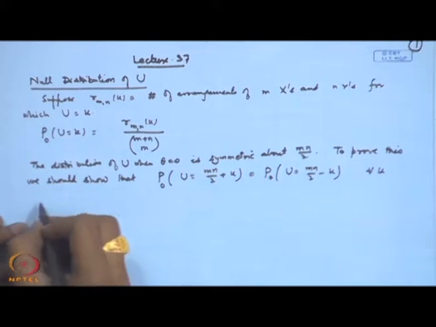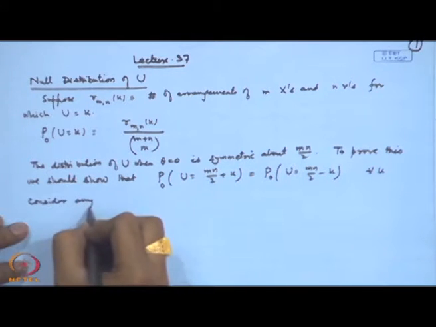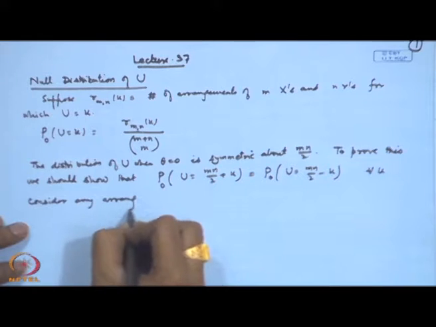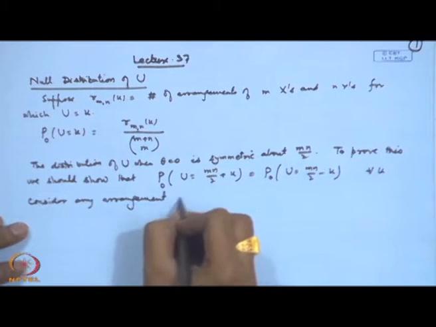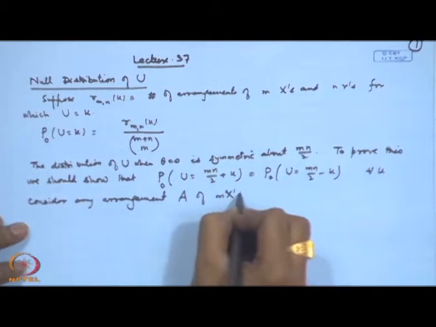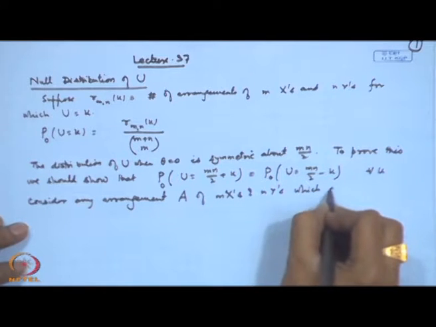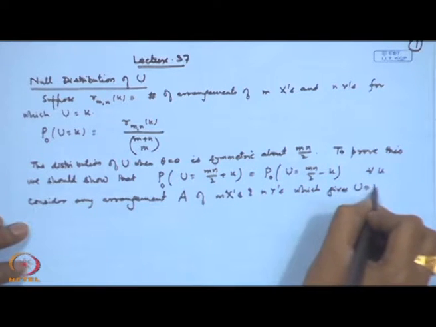Now, consider any arrangement, and I name it as A, arrangement A of m x's and n y's, which gives U is equal to u.